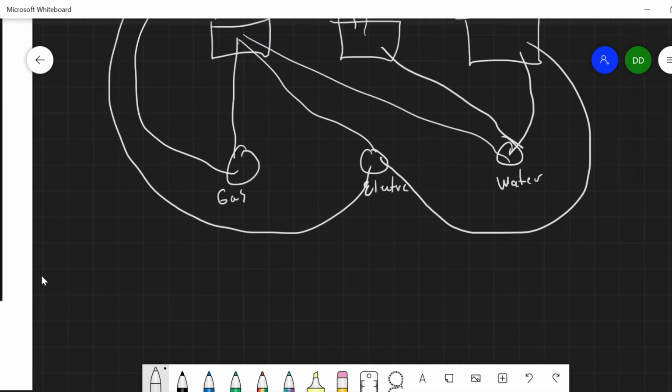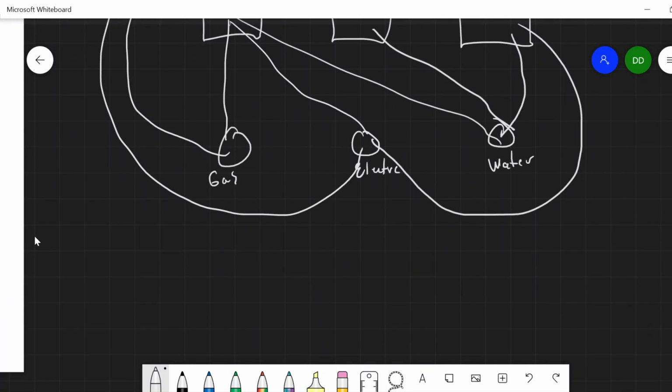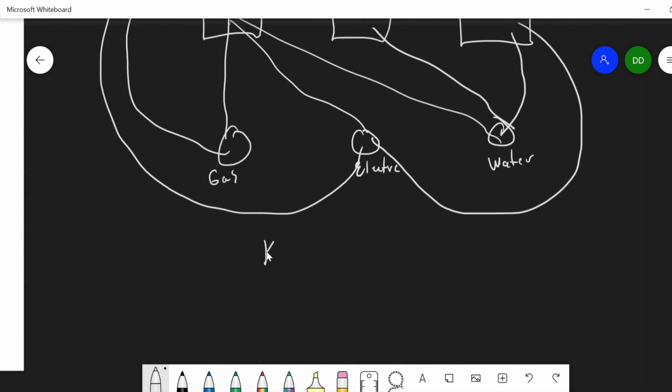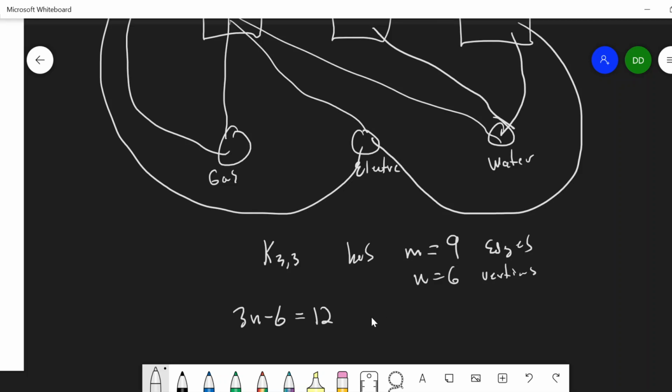Sorry, let me jump back over here for a second. So let's think about K33. Let's try to use theorem 10.4 on this, and see if it breaks the bound on the number of edges. K33 has m equal to 9 edges and n equal to 6 vertices. And 3n minus 6 here would be 18 minus 6, that's 12 edges.